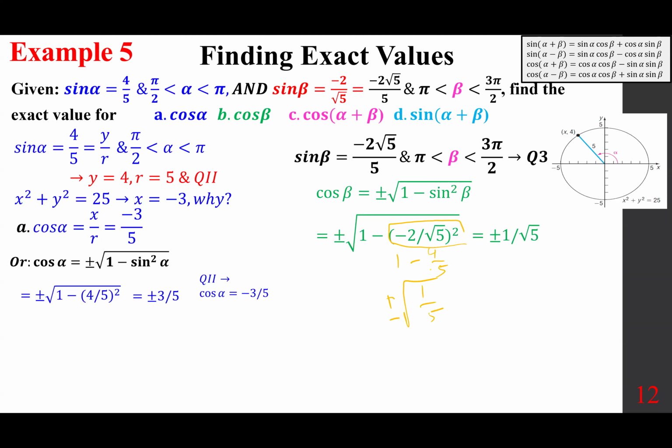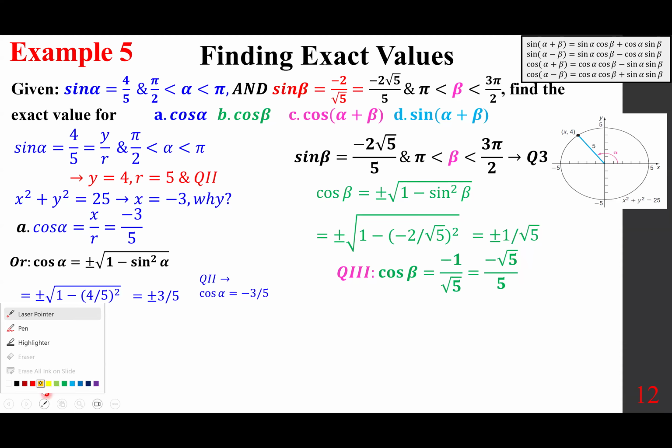Now, we are in the third quadrant. Third quadrant, sine is negative. So is cosine. So you choose the negative one, and if you multiply the top and the bottom by square root of 5 to rationalize it, it becomes negative square root of 5 over 5. Let me just quickly show you.